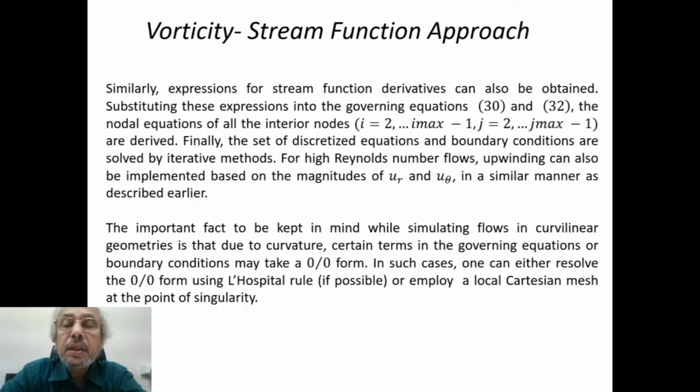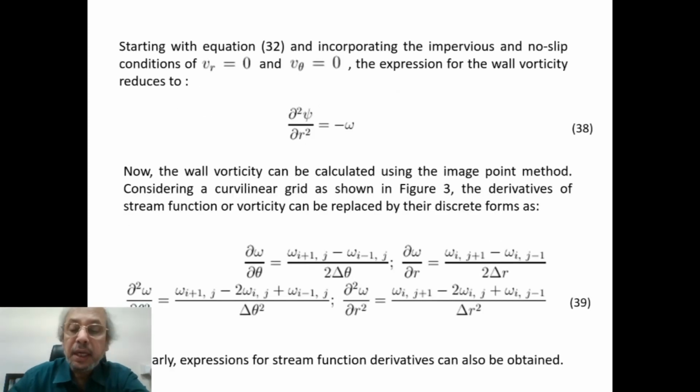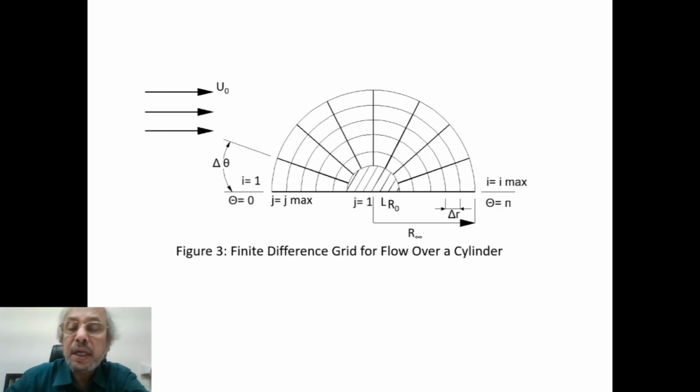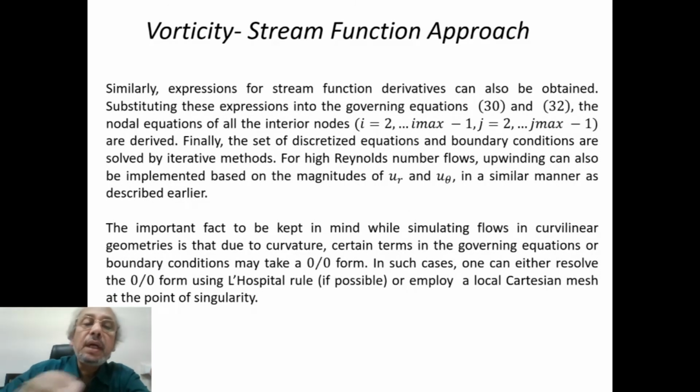Now, this is what I have again repeated actually, that the way equation 39 is discretized, in the same way the expression for stream function can be obtained in discretized form.